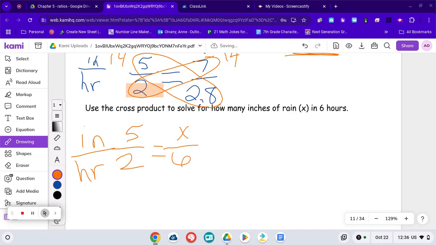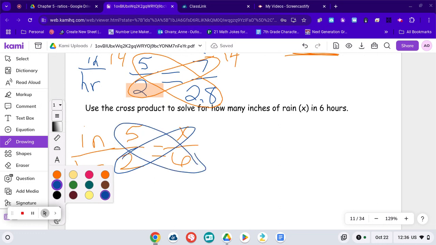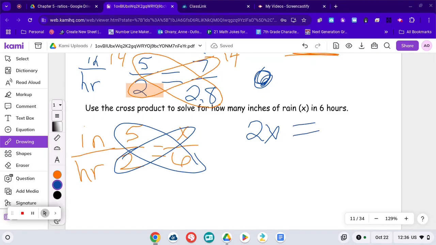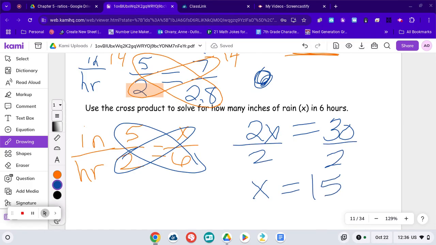So now if I cross multiply, because I know up here that if they are equal, you can cross multiply and it will come out to be the same ratio. I'm going to say 2 times x is 2x, and I'm going to set that equal to 5 times 6, which is 30. And then I'm going to use algebra to get that x equals 15.